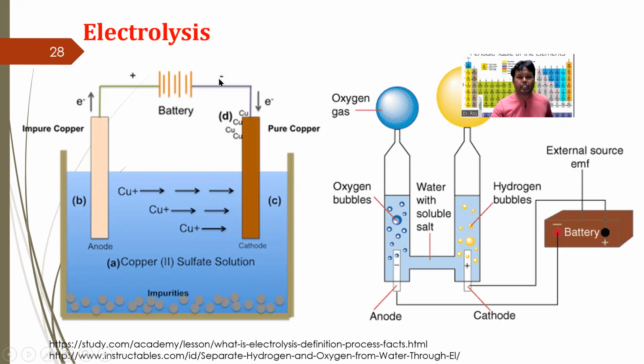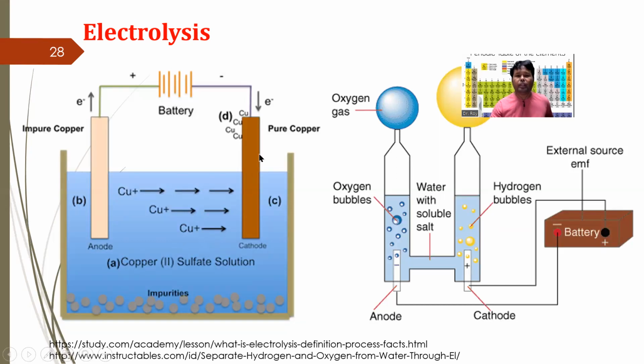So when electricity is passing through this, the electron is passing this way, continuously. When electricity is passed through this electrolyte, the copper ion, Cu2+, gains the electron because the electron is coming here. So you can consider that in the electrolyte you have the copper ion.